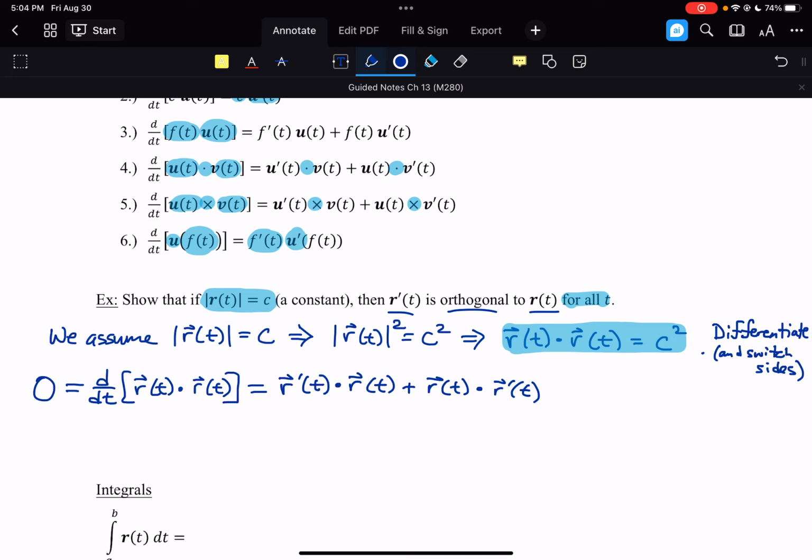A dot B is the same thing as B dot A. So we can switch the order of either of these and it will still be equal. So we get r prime dot r plus r prime dot r. So we actually have 2 of those, r prime dot r.